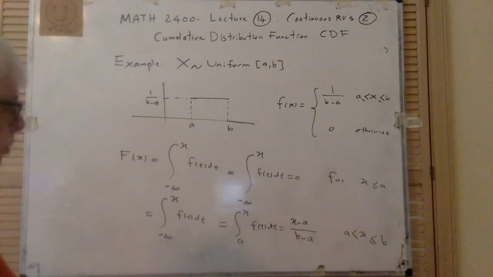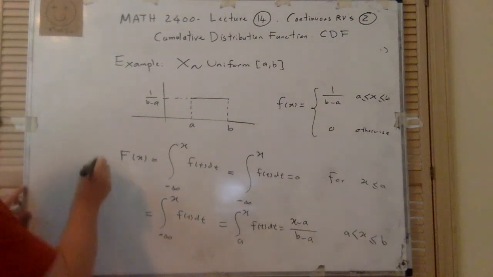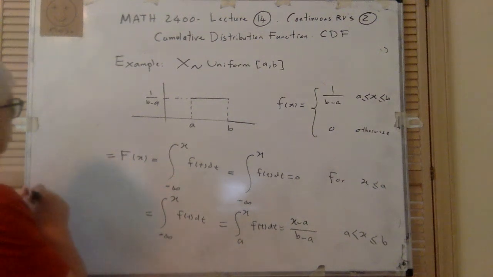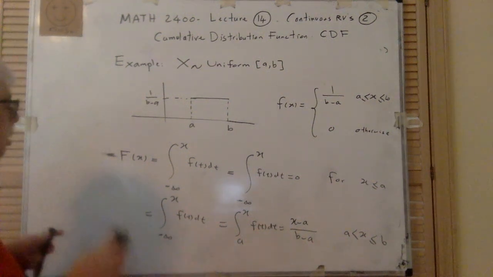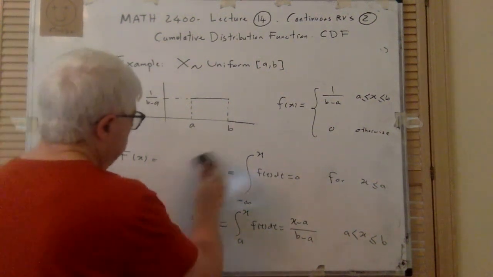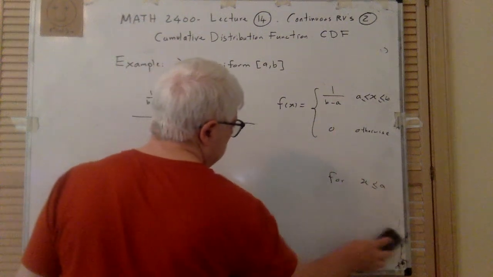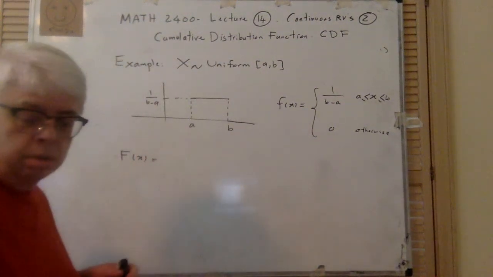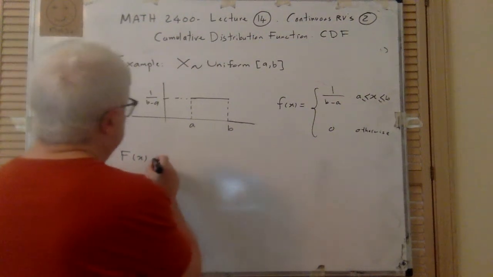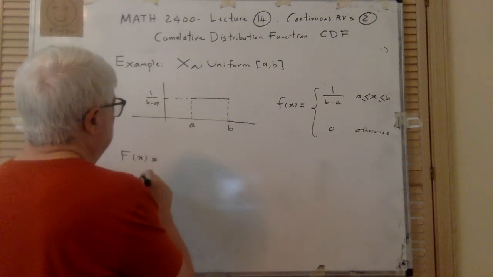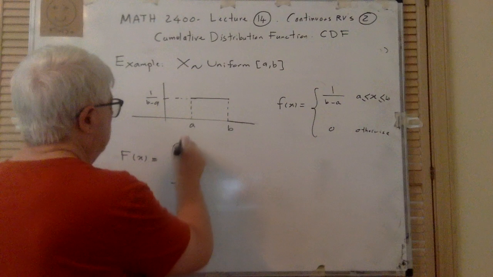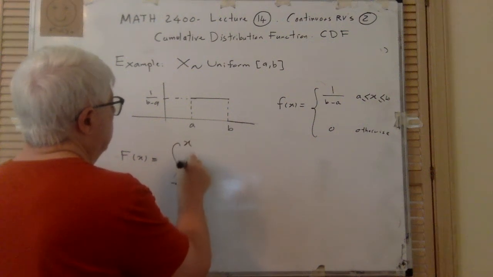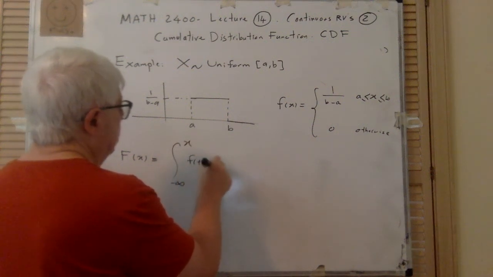So let's write it here. What happens when x is bigger than b? How should I write it? Well, let's erase this. So it is the integral from minus infinity to x of f(t) dt.